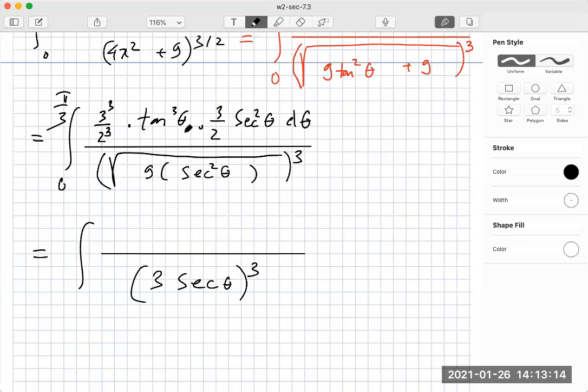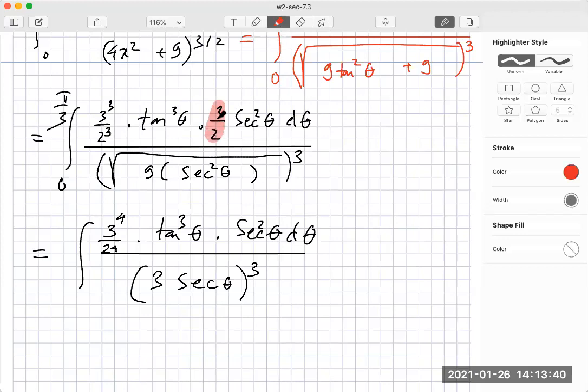The numerator becomes 3 to the 4 over 2 to the 4, and here is tan cubed theta times secant squared theta d theta. Okay? The numbers, okay.